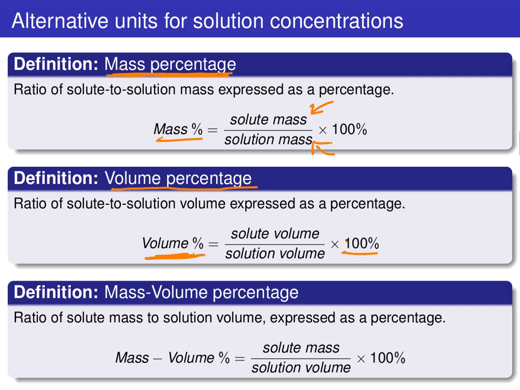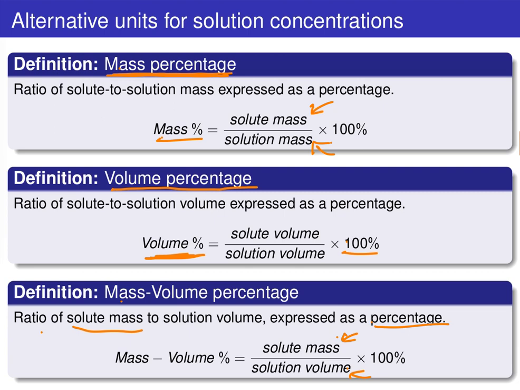The third one here is the so-called mass volume percentage. The mass volume percentage is the ratio of the solute mass up top to the solution volume. So we're basically mixing together the first two concentration units, and then once again expressing this value as a percentage.